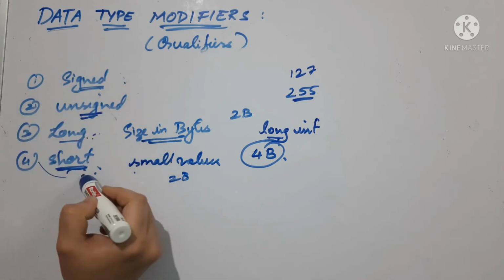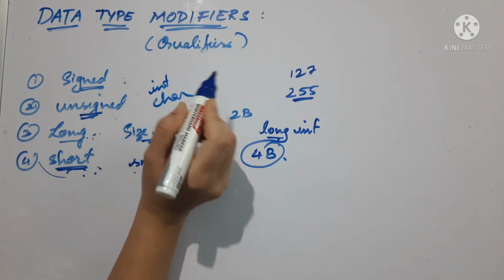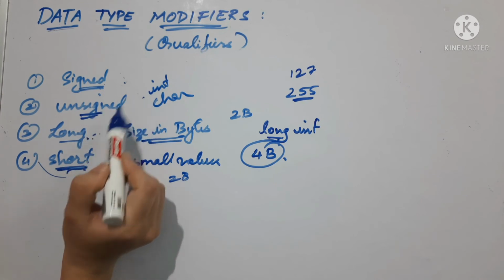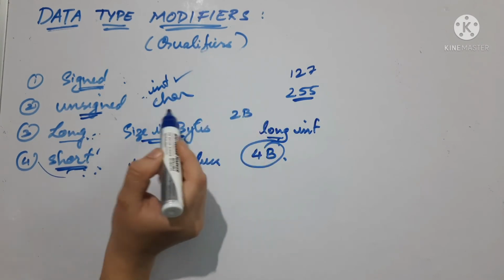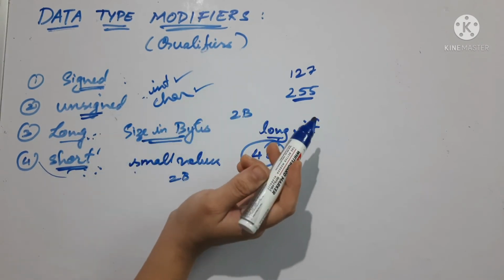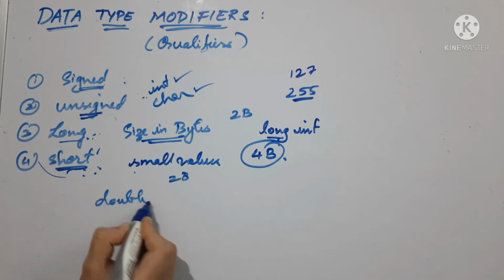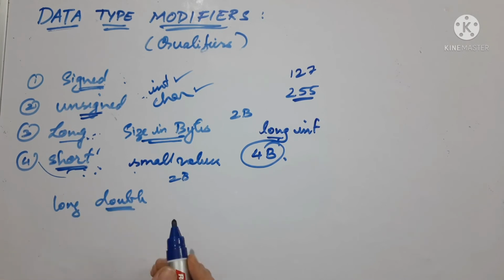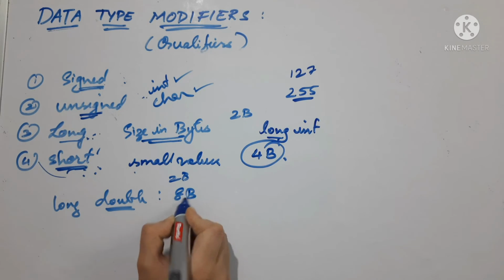For all these we can use either integer values or character. I can say signed int, unsigned int, long int, short int. So these are all applicable for integer and also for characters. Sometimes even for double values we can make use of long double. So actually double takes how much size? A double value takes 8 bytes of data.